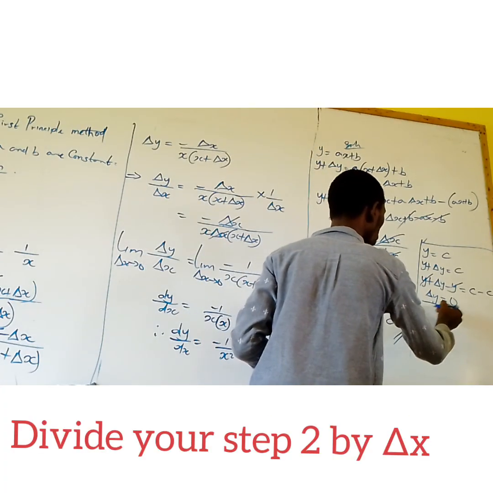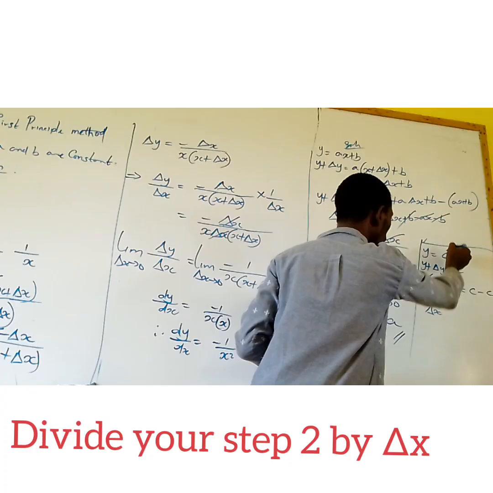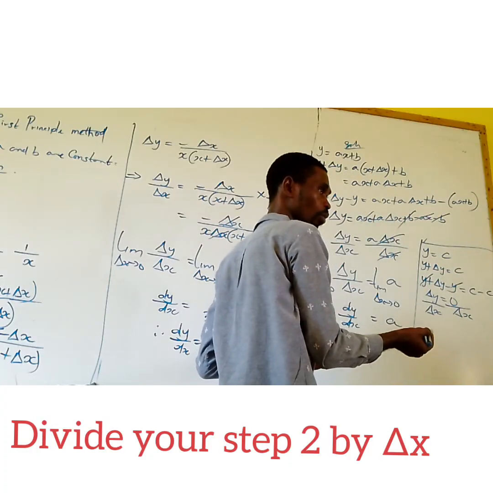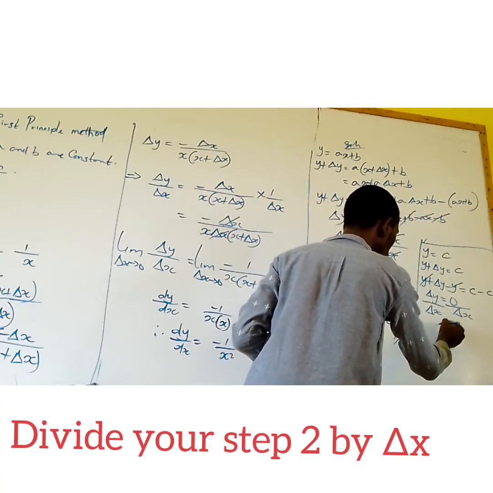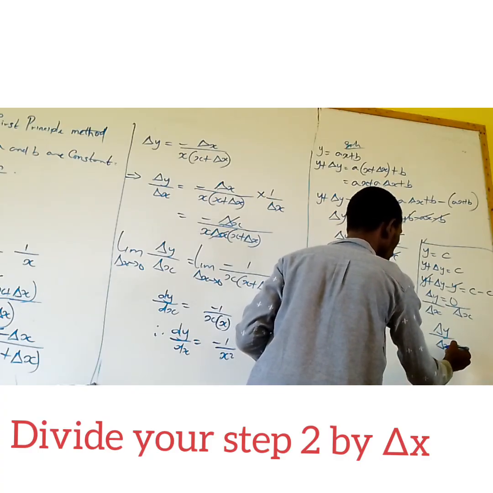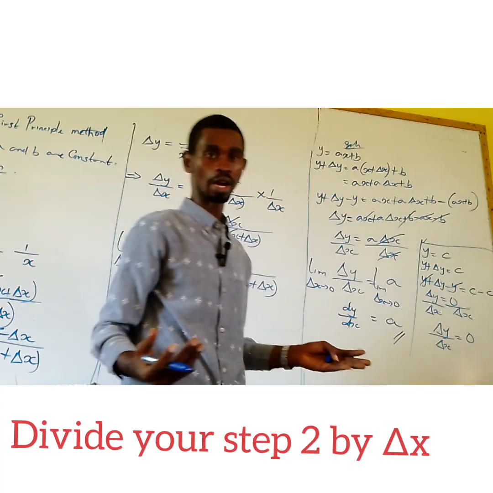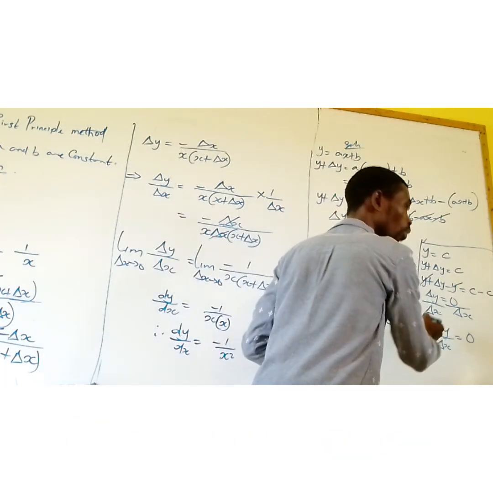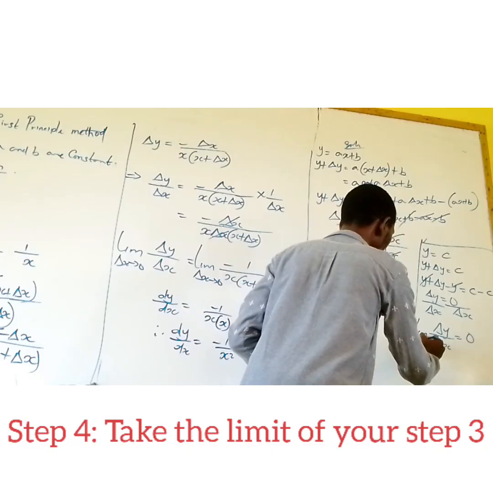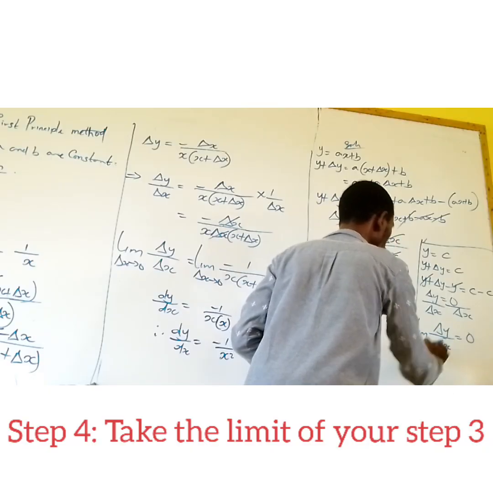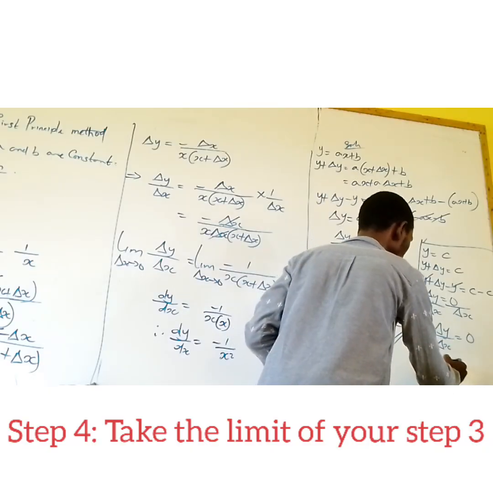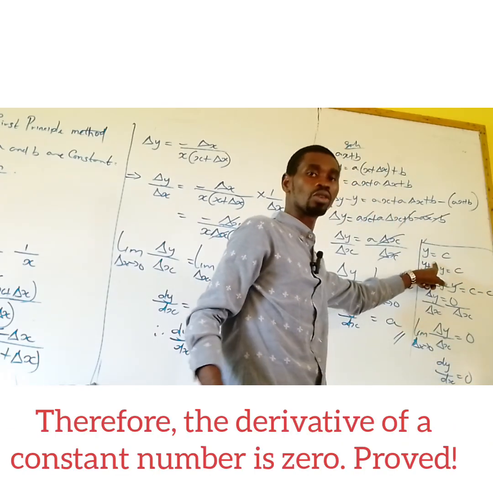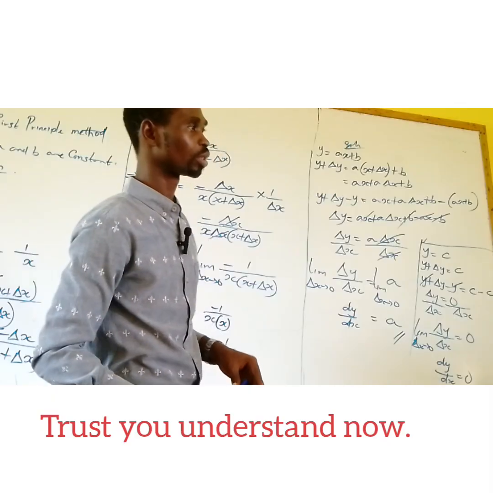If we divide both sides by change in x, we have change in y over change in x equals 0. 0 over anything is 0. So the limit as change in x tends to 0, which is dy dx, is also equal to 0. So the derivative of a constant value is equal to 0.